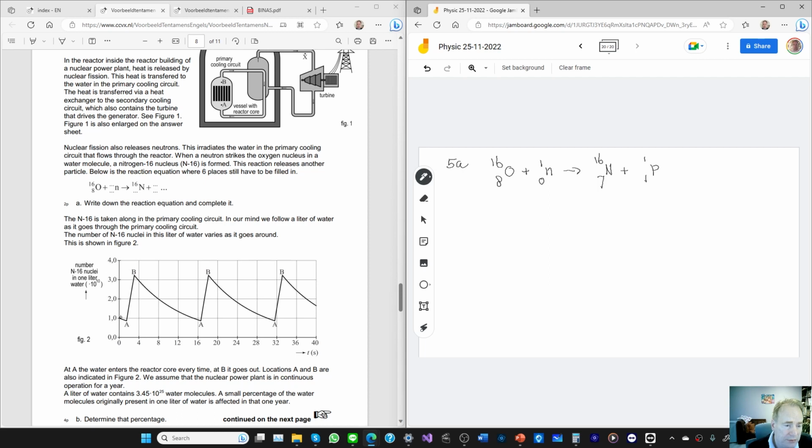In 1 liter you have some number that's given here, and then it goes up because of the capture by the neutrons, and then apparently they go down again. This nitrogen decays back into oxygen. So it's given here how many actually are affected in 1 cycle.